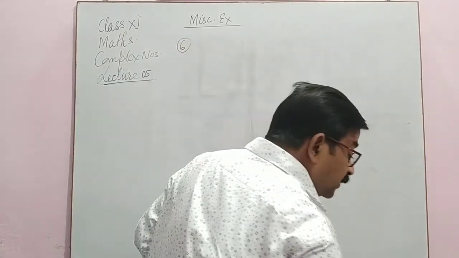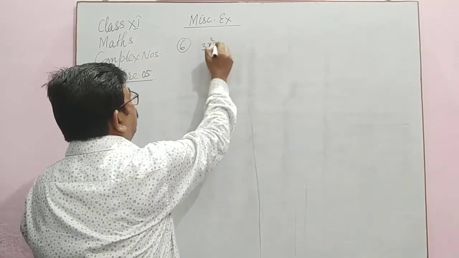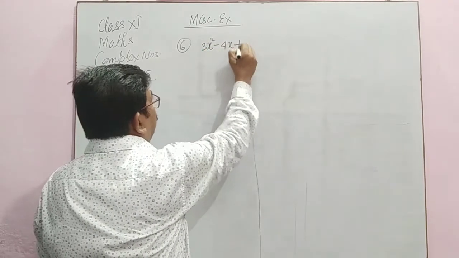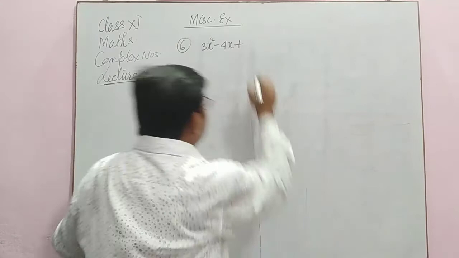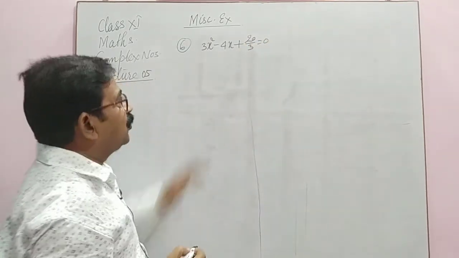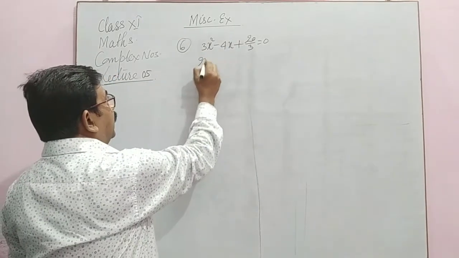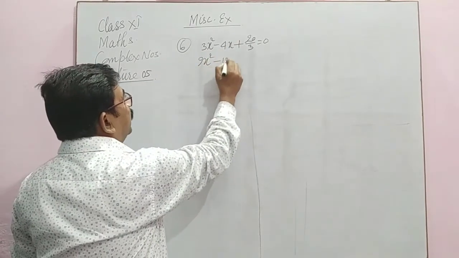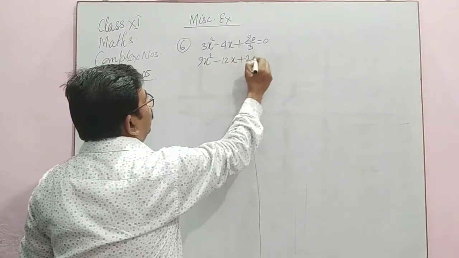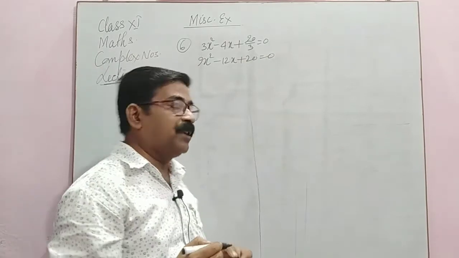The question is 3x square minus 4x plus 20 upon 3 is equal to 0. First of all, remove this fraction by taking the LCM. So we have 9x square minus 12x plus 20 is equal to 0. We have got the simplest form of the quadratic equation.